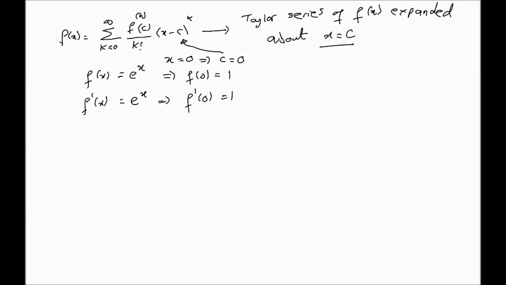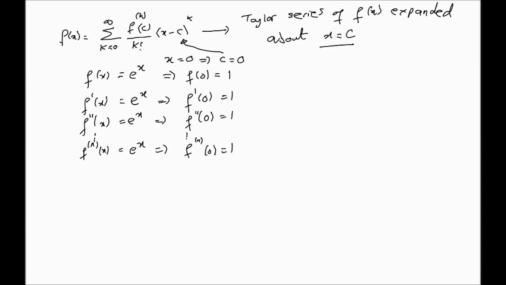Now you can see a pattern clearly emerging here. We know that all the derivatives of e to the x are simply e to the x. So therefore, we're just going to get a bunch of 1s. If I go down here till the nth derivative, for the sake of argument, it's still going to be e to the x, and the nth derivative at 0 is still going to be 1. So now we're in a position to actually write down the series.